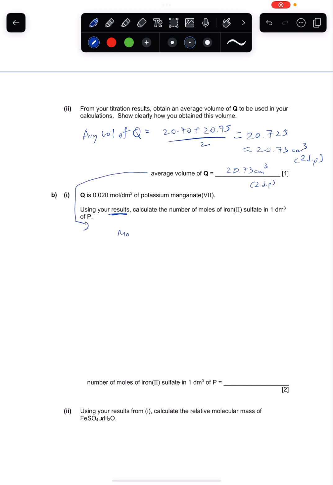So if you recall, mole of Q is concentration times volume, which is 0.020 times volume, 20.73 over 1000. 0.0004146, approximately 0.000415 mole.